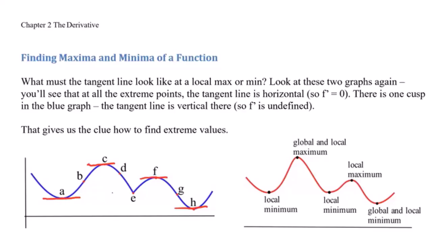And that means that the first derivative has to be 0. There's one cusp. This right here is a cusp. If I want to find the tangent line there, it's actually vertical. And when things are vertical, remember, the first derivative, which is the slope of that line, is undefined.